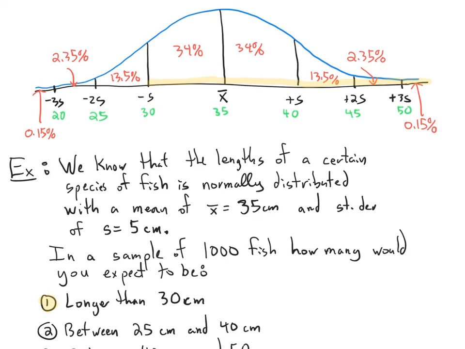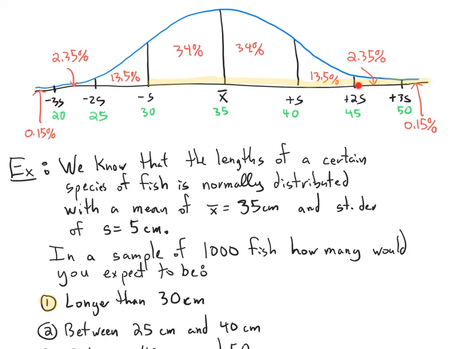So that tells me that's definitely the right half of the data. It's everything bigger than the mean, plus this section here, plus 1 standard deviation below.